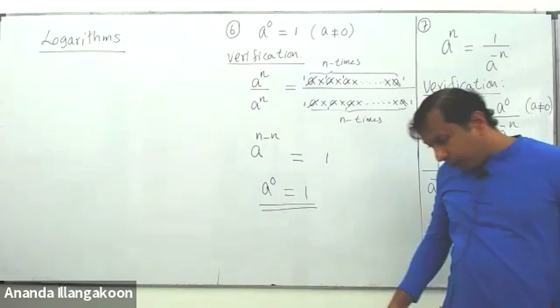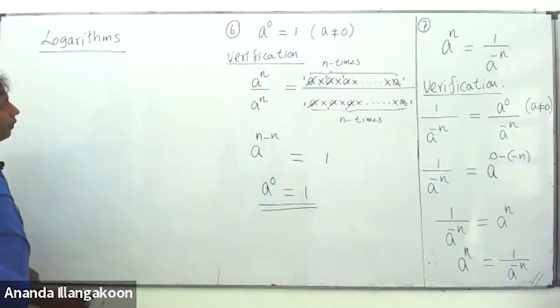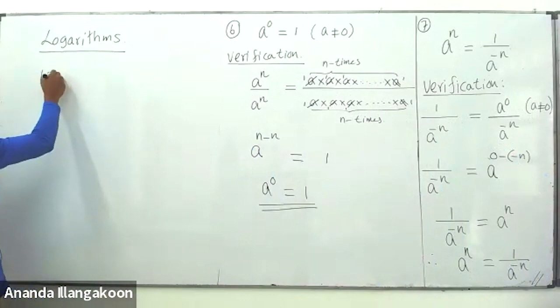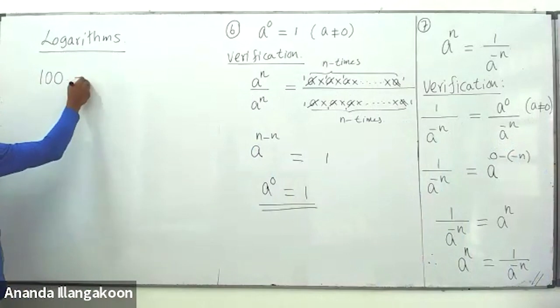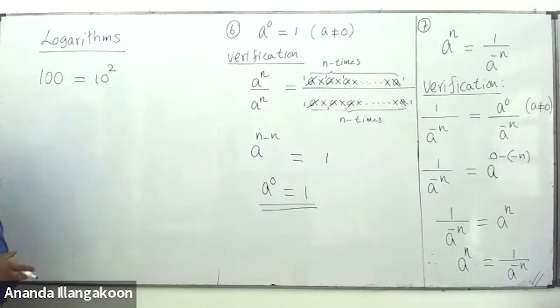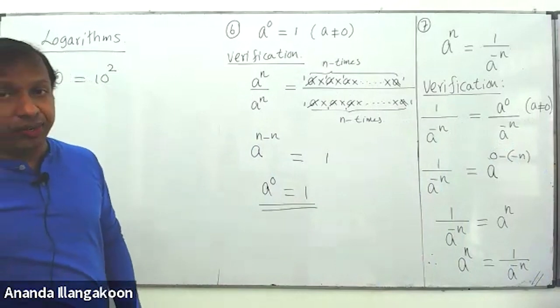Now suppose this 100, we can write as 10 squared. 10 squared means 10 into 10, no? 10 into 10 is 100.